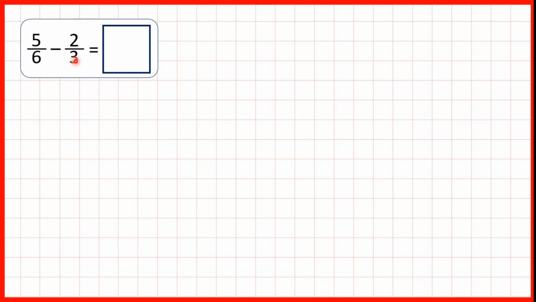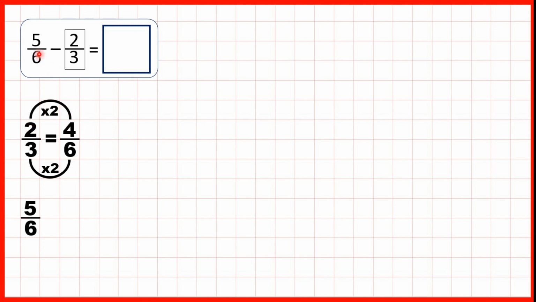Now 6 is a multiple of 3, 6 is in the 3 times table, so the easiest way to get the denominators the same would be to change 2/3 into sixths. Now 3 times 2 is 6, and what we do to the bottom we have to do to the top. So 2 times 2 is 4.